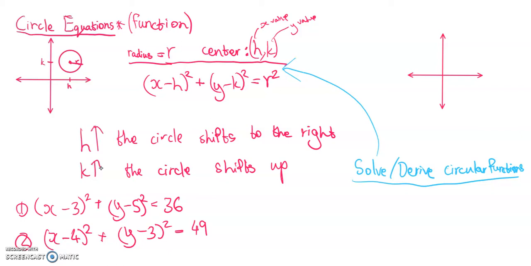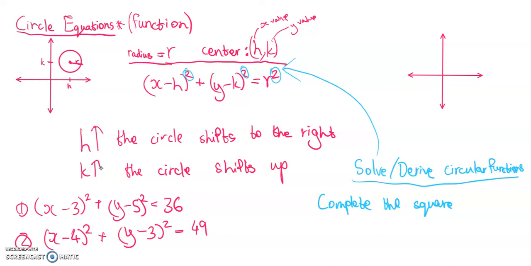Now, in order to find that, first you have to identify that these are both squares, and so is this. So if you want to find this, what you will have to do is complete the square. Completing the square, you can find out the equation in the (x minus h) squared plus (y minus k) squared equals r squared form.